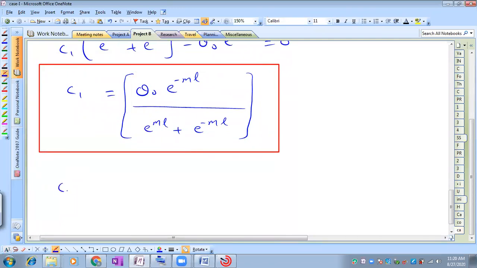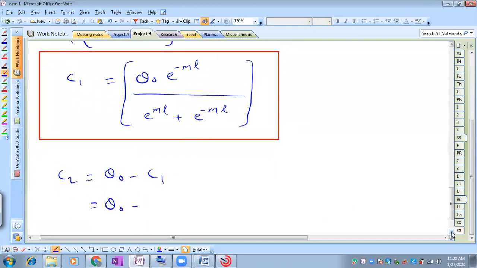So to get C2, theta 0 minus C1. So what is C1? C1 is theta 0 e raised to minus mL upon e raised to mL plus e raised to minus mL.